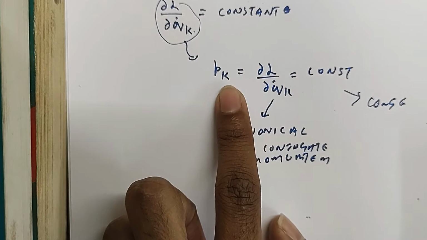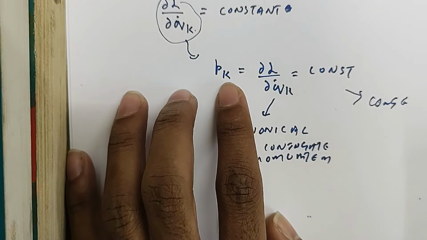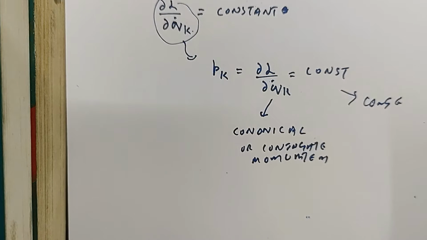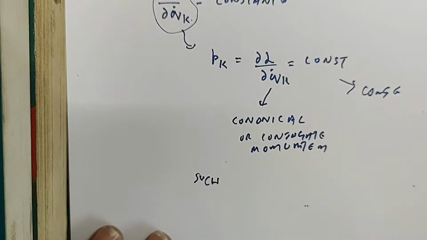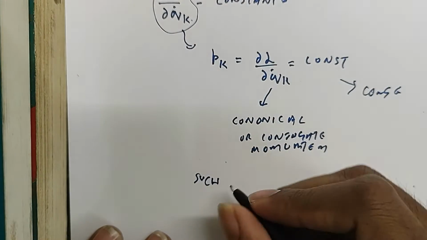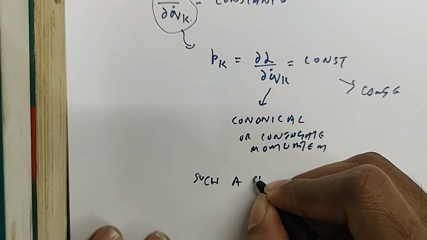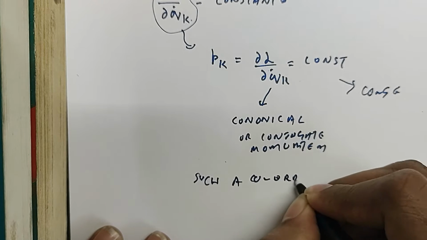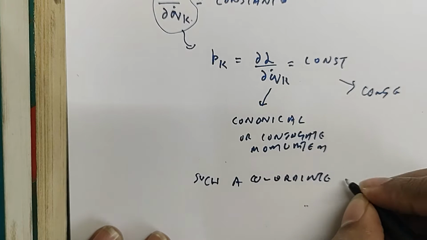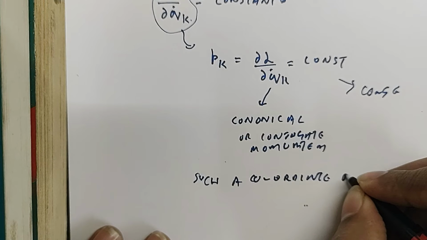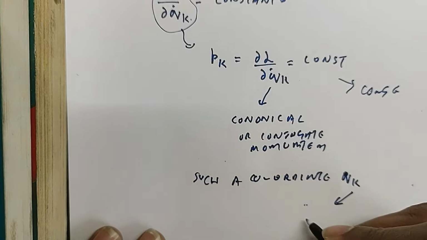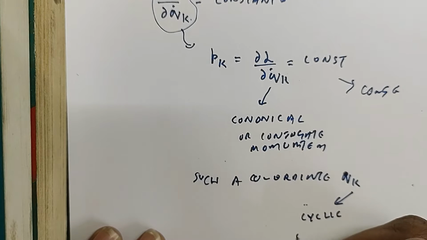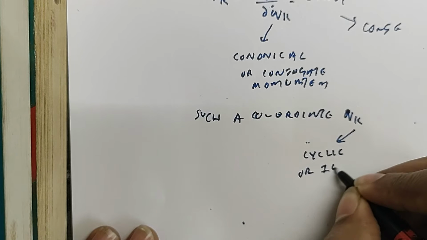It's a constant of motion. Such a coordinate qk is called a cyclic or ignorable coordinate.